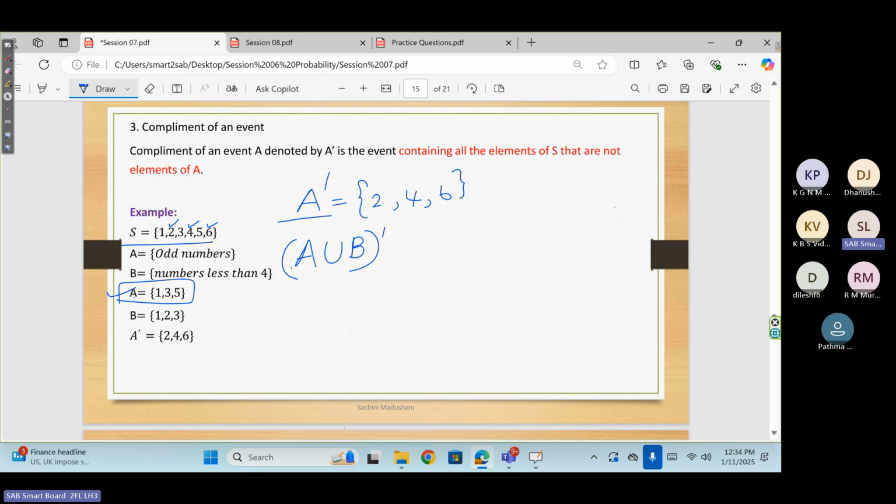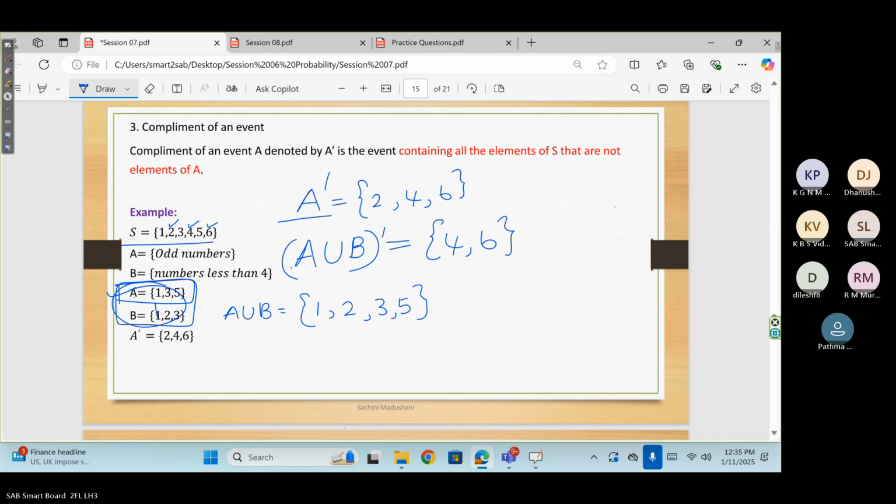A union B means all the elements in A and B. What are the elements of A union B in here? 1, 2, 3, and 5. Then, what are the elements in the complement? 4 and 6. Remaining elements. Here, we can say 4 and 6. Okay, understood?